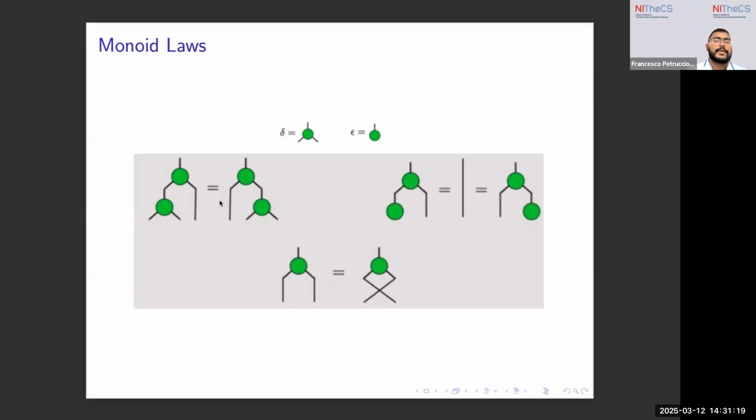So just a remark here, that these monoid laws can describe any monoidal operation. A monoidal operation in mathematics is simply an associative binary operation with an identity element, and we can represent it in string diagrams using this language.